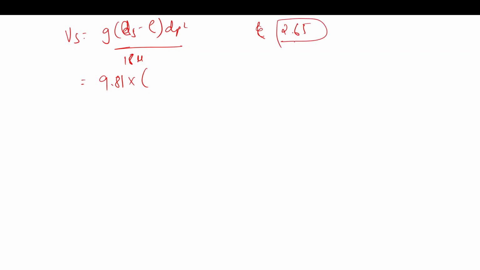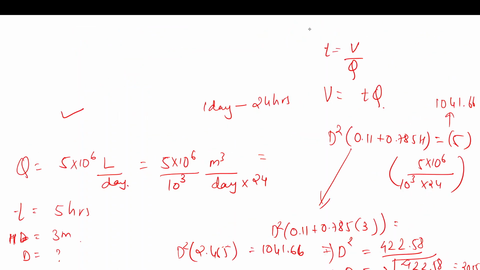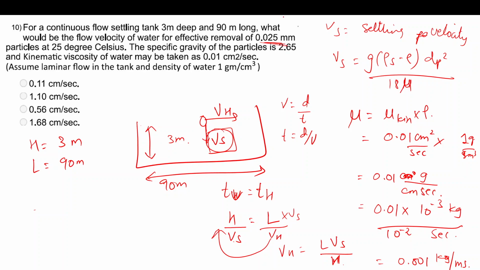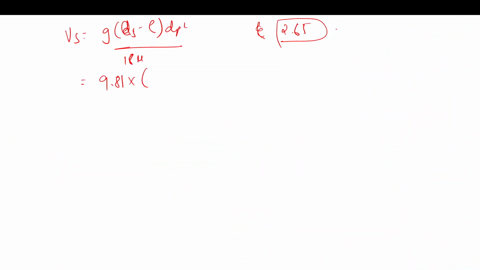Specific gravity is usually with respect to water, and here the density of water is given as 1 gram per cc, which is 1000 kg per meter cube. In SI, if you multiply this with the density of water, it comes out as 2650 kg per meter cube for the particle. Subtract the density of water from it, 1000 kg per meter cube.